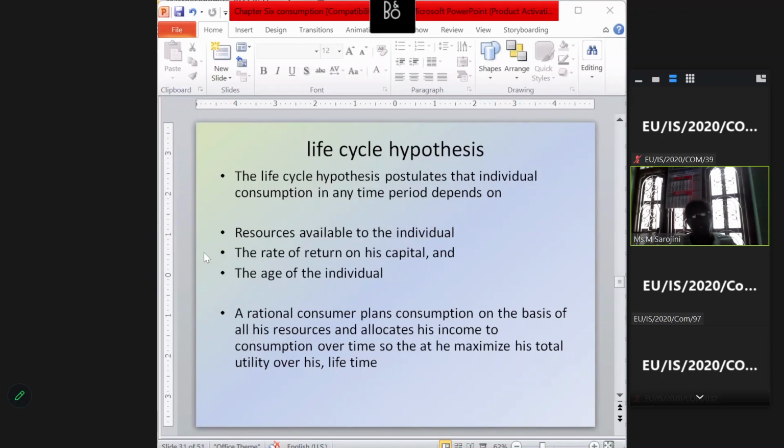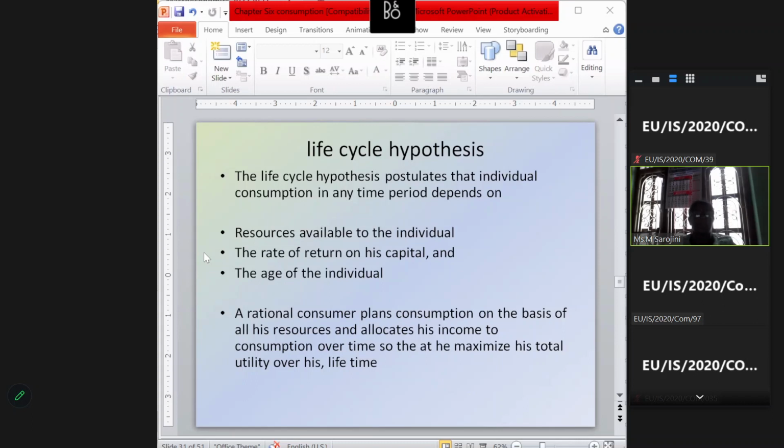Right? Actually, what is explained by the life cycle hypothesis? The simple explanation is that once the individual enters the labor market, he earns for a certain period, that means until his retirement he earns, and he utilizes that money until his life expectancy.